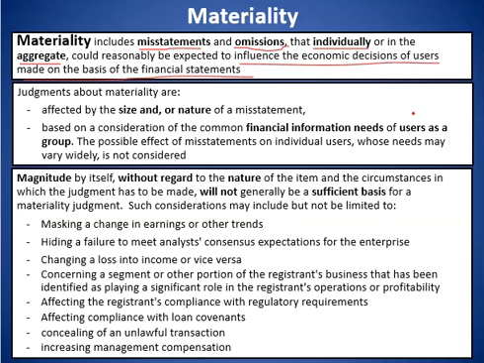Now, the standards go on further to say about materiality, judgments about materiality, and there we go again, judgments, the auditor's professional judgment, are affected by the size, in other words, the amount of the misstatement or omission, and or nature of the misstatement. We'll talk about what nature of the misstatement means in just a few minutes. So we're talking about size, the dollar amount, and the nature of the misstatement.